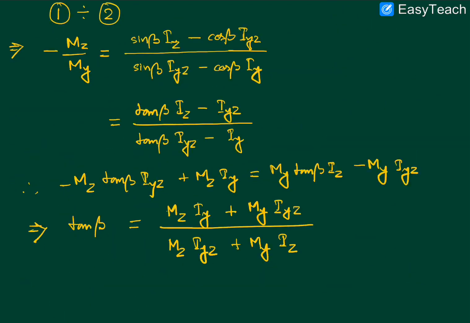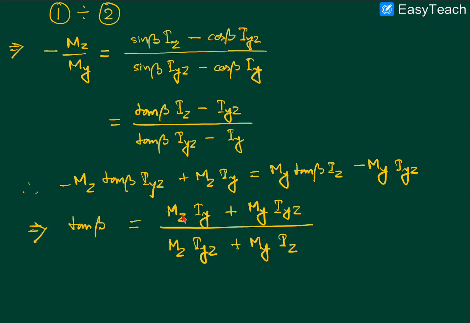But now you see what has happened. As a result of all our algebraic manipulations, we have expressed the beta, of course the tan beta, in terms of things which we completely know about.